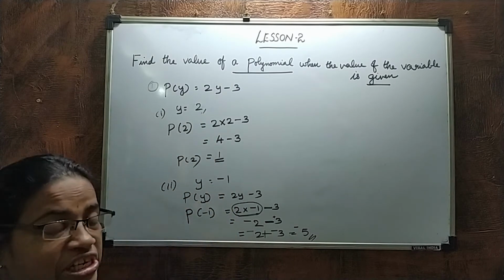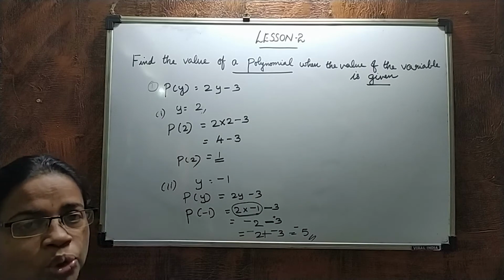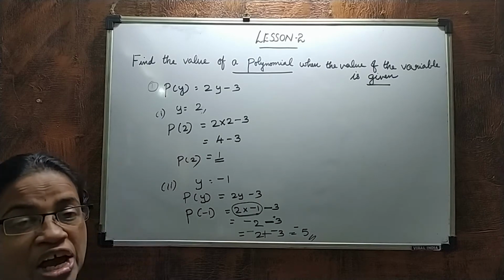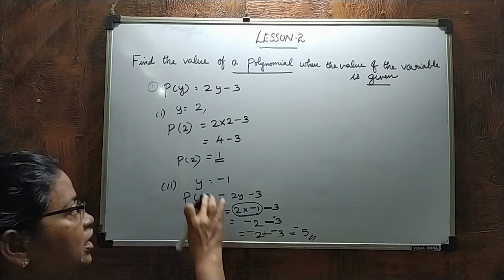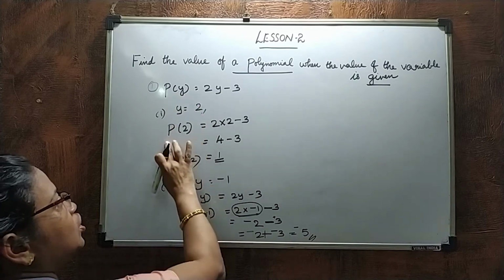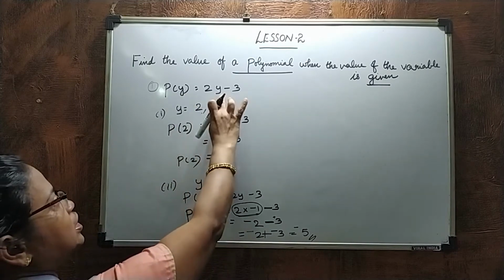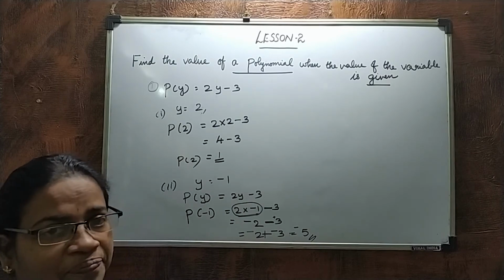That means instead of y, you have to substitute 2 in that polynomial. Wherever you see that y in the polynomial, just substitute this. So, P of y is P of 2, and instead of y it is 2. You will get 4 minus 3, and the answer is 1.